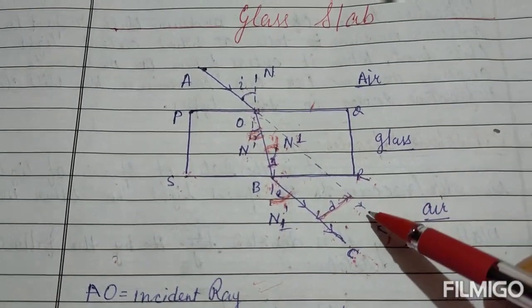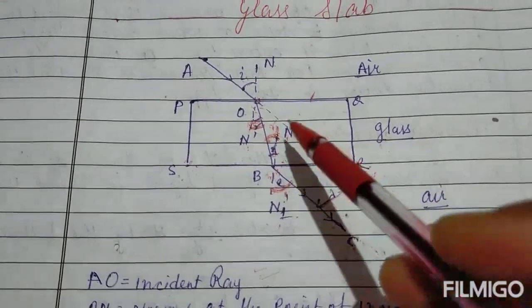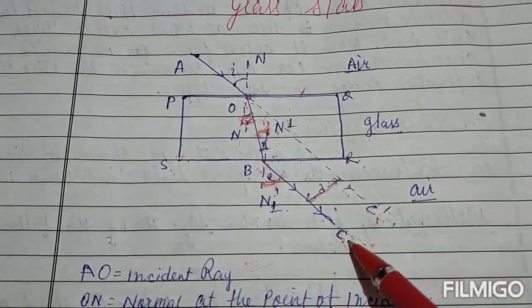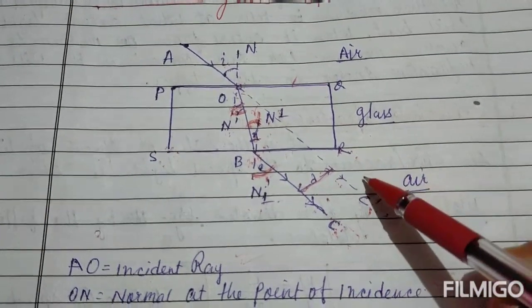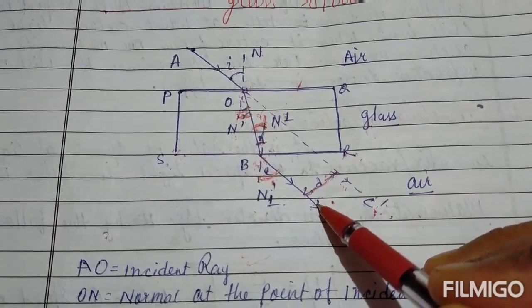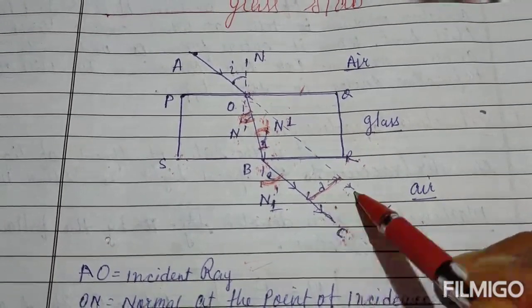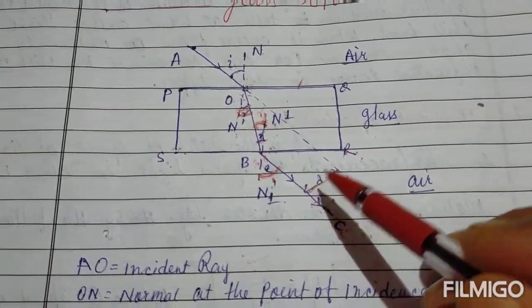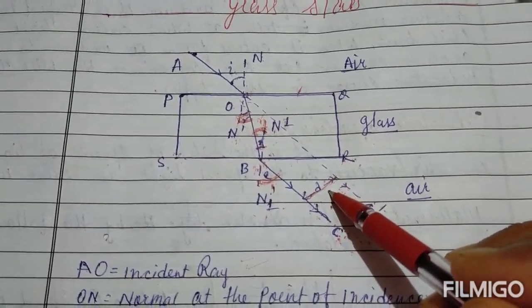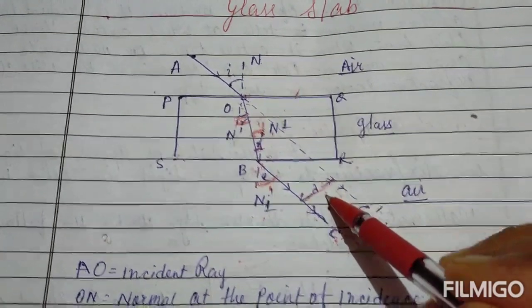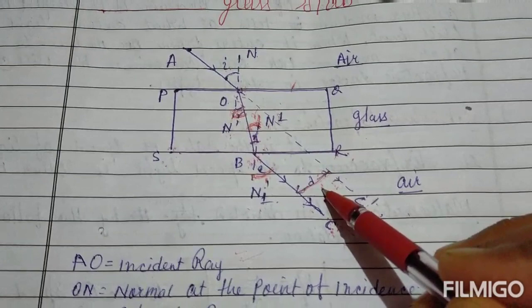And here we are seeing that the actual path of light and the emergent light both are parallel to each other. So there is a distance between them. Both the rays are separated by a certain distance. So this distance is called parallel shift or lateral shift or lateral displacement.